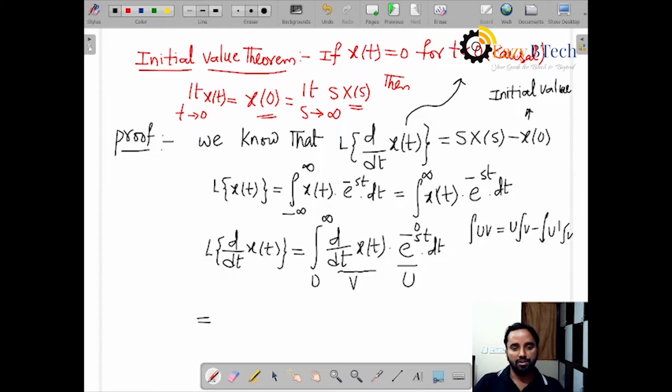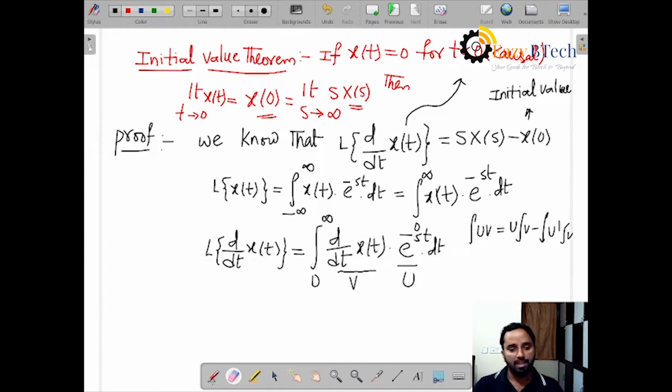So this is equal to u, that is e power minus st, times the integral of v, the integration of d by dt of x of t, which is x of t. Okay, so after taking uv, this expansion is not required. Just leave it.